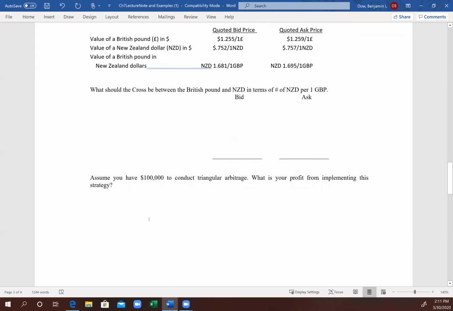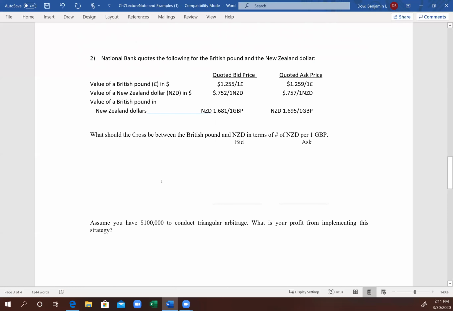In triangular arbitrage, it didn't really matter whether this is one bank or three banks or six banks, but I'm going to call this Bank A, Bank B, and Bank C, just for reference. What we've got to figure out is what the cross rate should be. This is the quoted rate at Bank C, but we need to figure out what the cross rate should be.